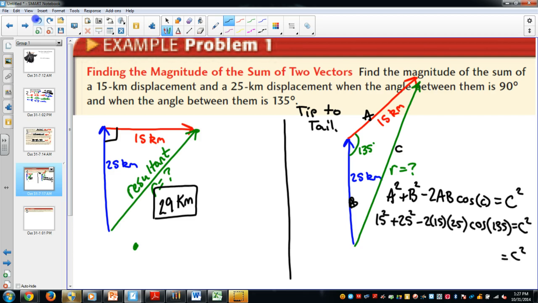So you can do that all in your calculator. 15 squared plus 25 squared minus 2 times 15 times 25 times the cosine of 135, and you get a big number, 1,380. Then to find c, I take the square root of both sides, and I get 37. And you ask yourself, does that seem like it's about right?